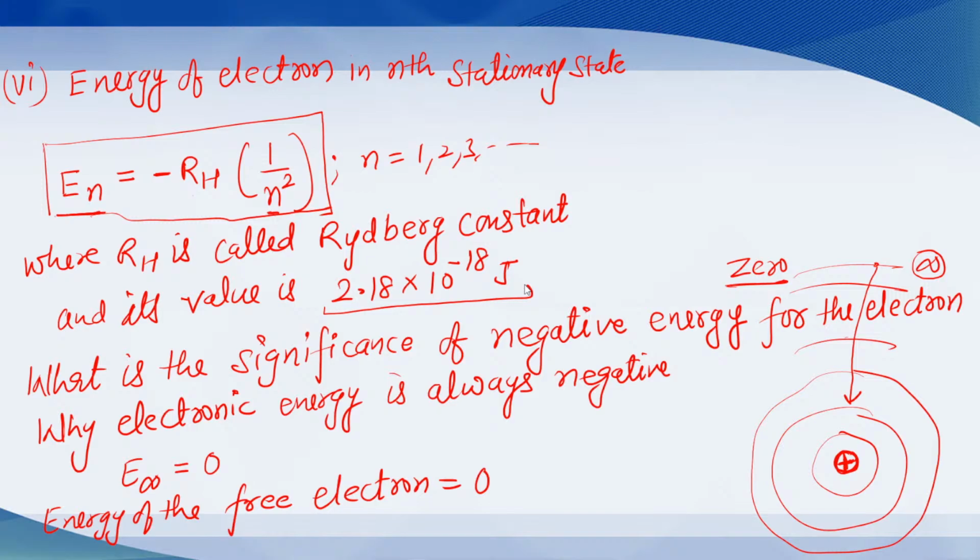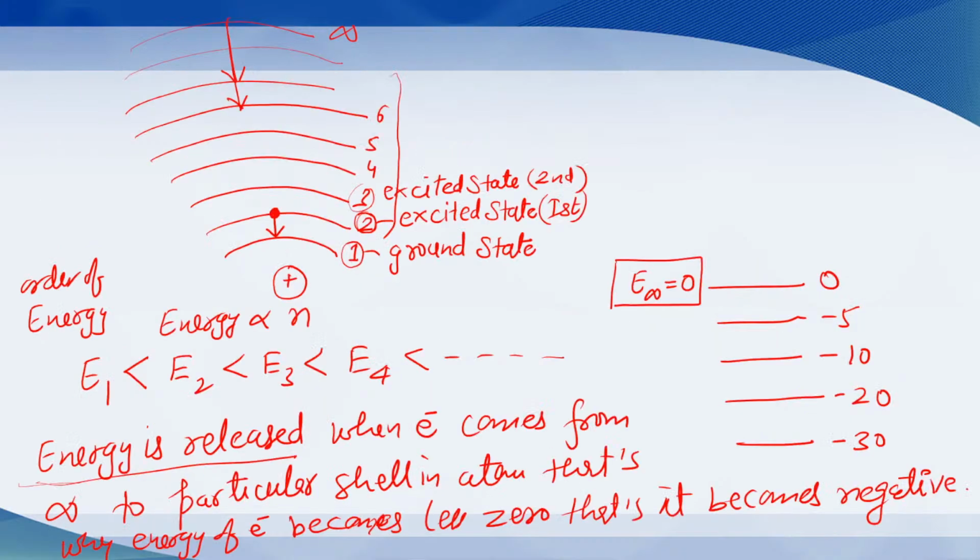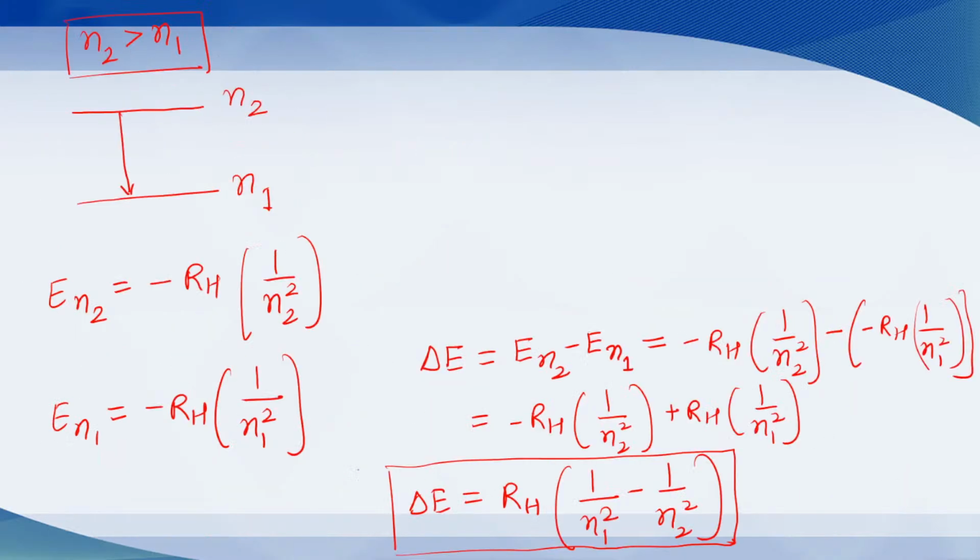So now we have this expression, and delta is always final minus initial, meaning upper minus lower, higher energy level minus lower energy level, and this much energy is emitted.